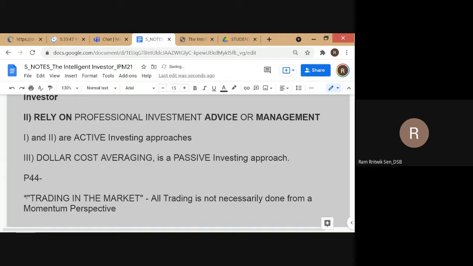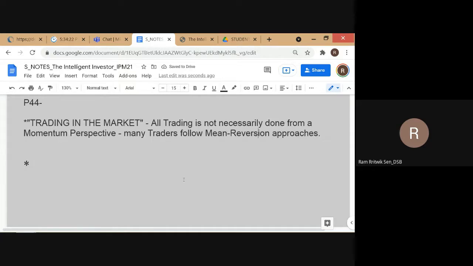Okay. Many traders, you have to remember this, many traders follow mean reversion approaches. If you just look at technical trading, many traders follow mean reversion approaches. All right. All trading is not necessarily done from a momentum perspective. Many traders follow mean reversion approaches.